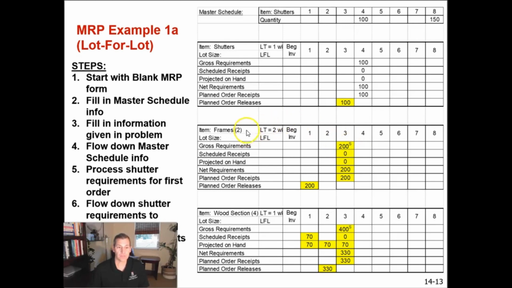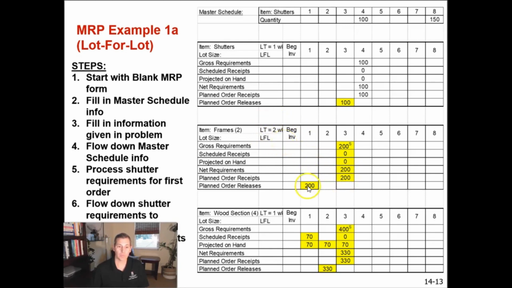So because the frames are 2 per every 1 shutter, you're going to take 100 multiplied by 2, and that gives you a gross requirement of 200. You have no scheduled receipts and no projected on hand. So therefore, you've got 200 as your net requirements for the frames. You need the frames in week 3, and they have a 2-week lead time.